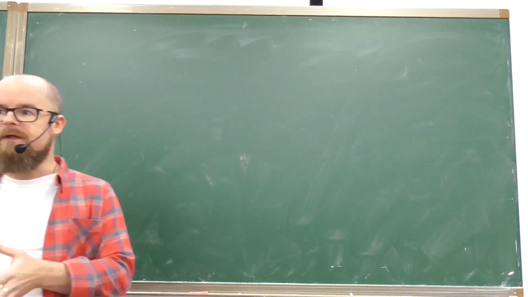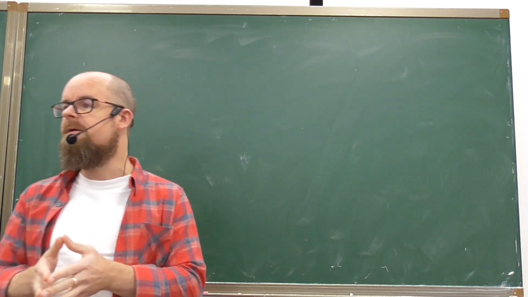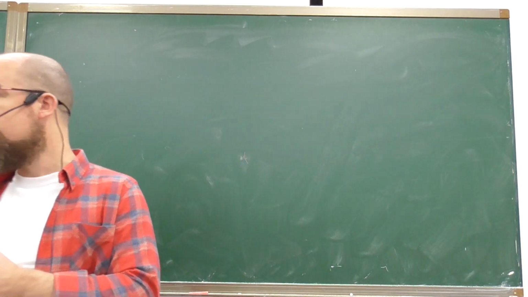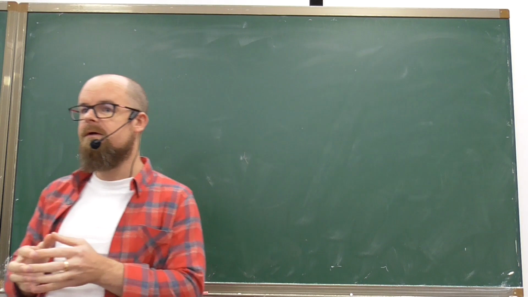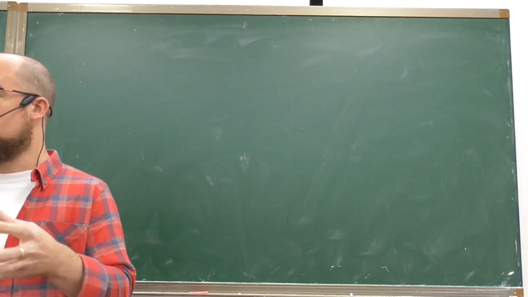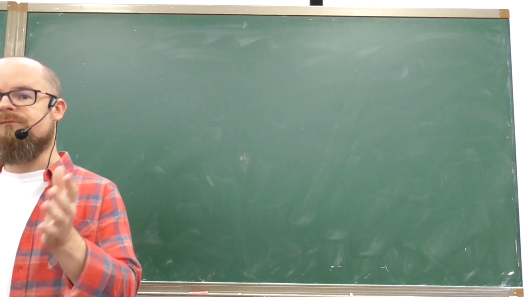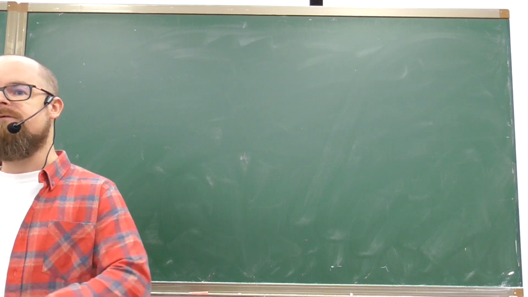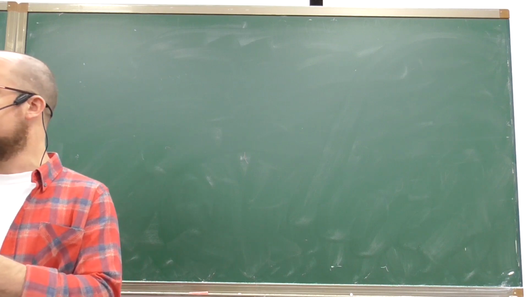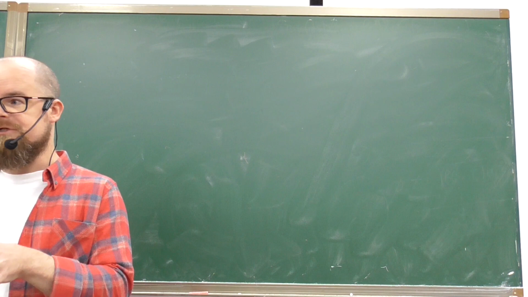So we have already discussed the linear operators, and we know that the set of all linear operators from one linear space to the other linear space can be equipped with algebraic operations.